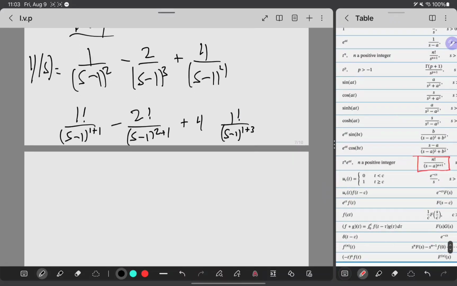t to the n. So t e to the t, that's easy enough, minus t squared e to the t, plus 4t e to the t. Is that correct?